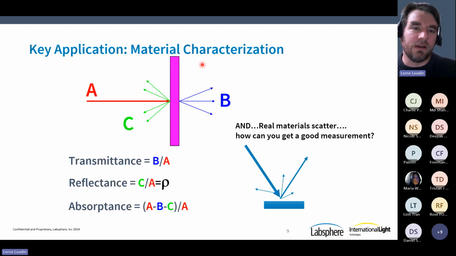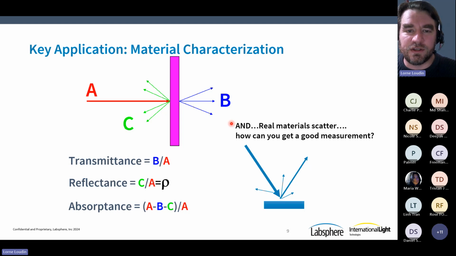We can start with thinking, not only what can we do with them, but how can we characterize materials even more? And why I like to start here is because we end up having to use Lambertian materials in order to characterize materials, right? So we could start material characterization just by looking at the transmittance, reflectance, and absorbance relationships as light interacts with a material.